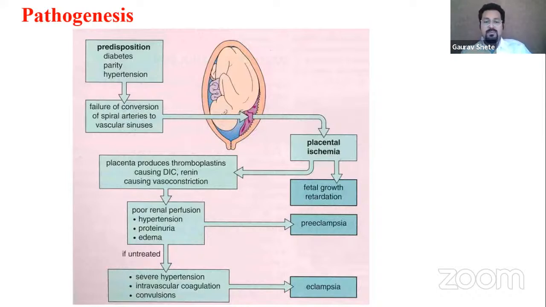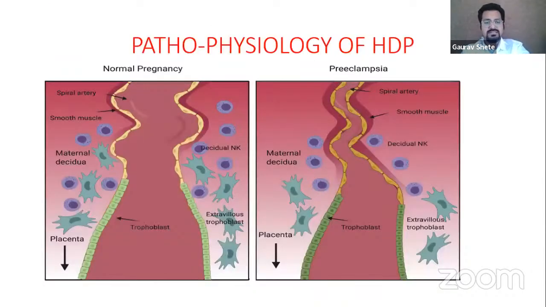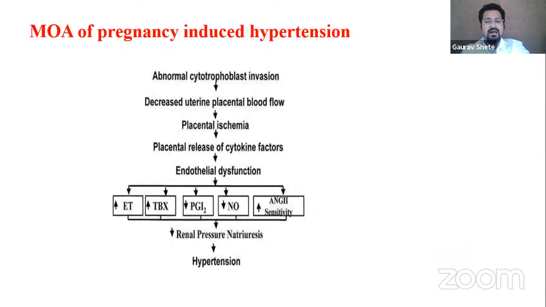In the mother, there is release of various endothelial substances from the placenta. Due to the ischemia, these substances are released: substances like thromboxane A2, there is decrease in PGI2, nascent oxygen radicals are released, and angiotensin II sensitivity is increased.